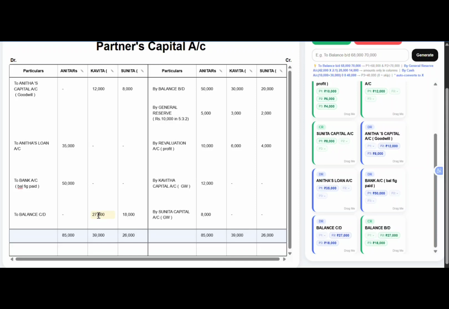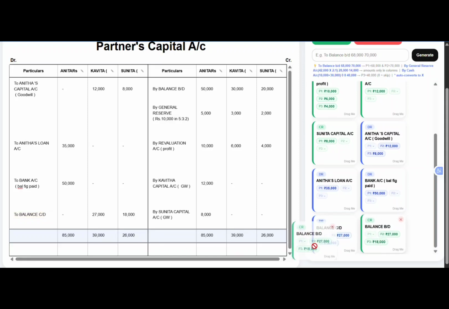So how did we get this 27,000? That is 39,000 minus 12,000, we get 27,000 for Kavita, and for Sunita 26,000 minus 8,000, we get 18,000 as the balance for Sunita. So this is the balance which is considered as the new capital, which we are going to bring down for the next financial year.